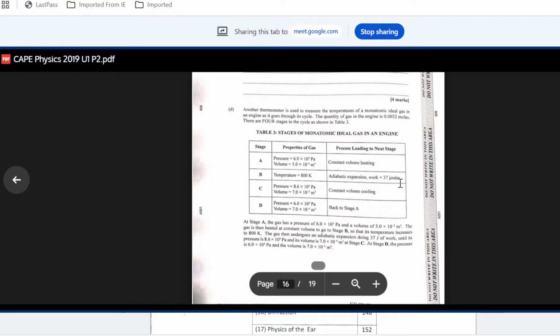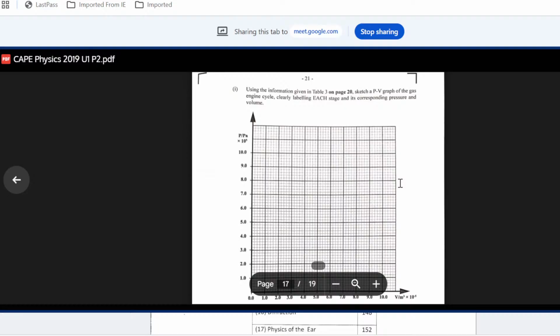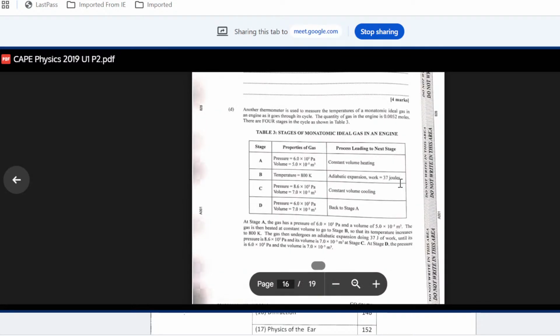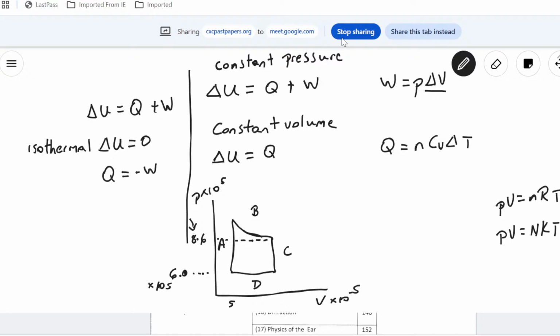Do we have all of those values? Yes, we have the pressure, the volume, the moles, and the gas constant, so we just need to find T, which is what we're looking for. So PV = nRT. n is 0.0052. R is the gas constant, which is 8.31.